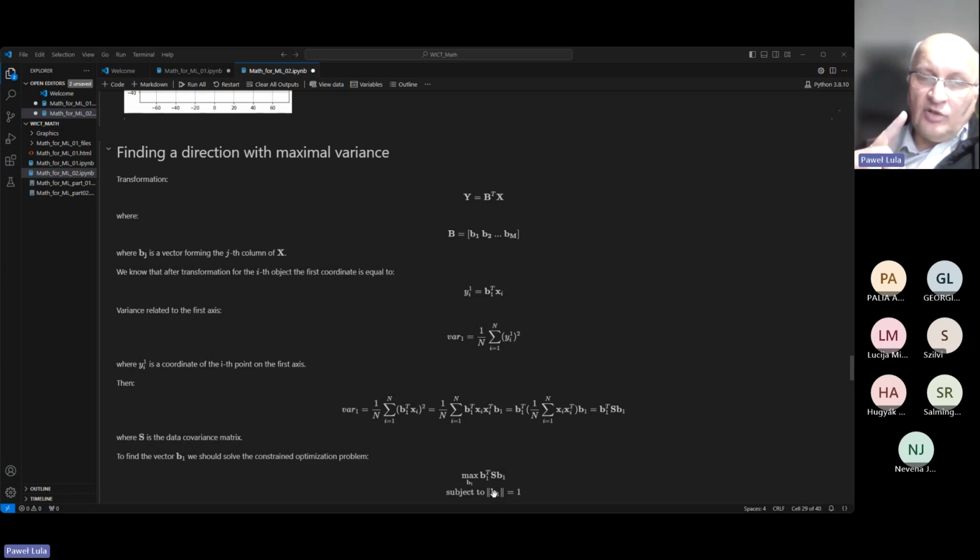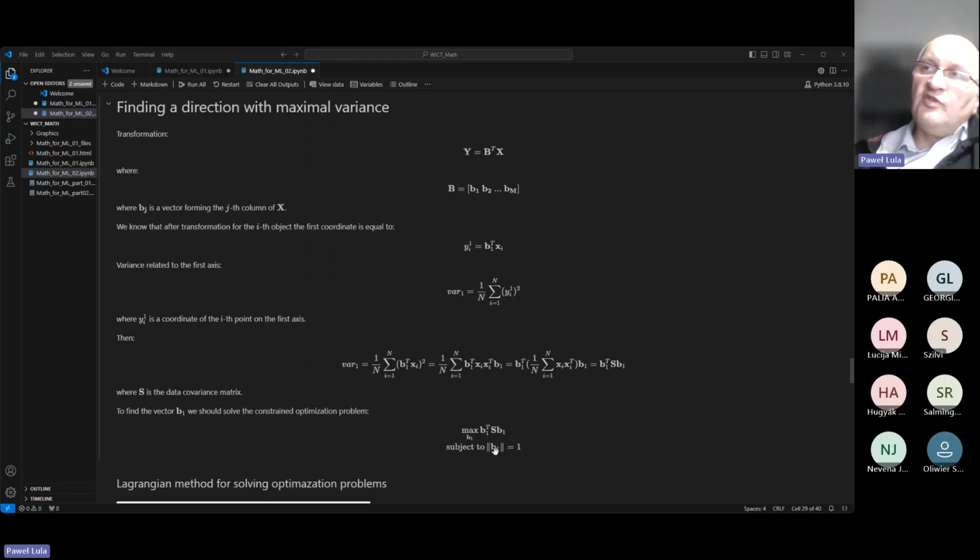And then I told you that orthonormal means that it is perpendicular and the length is equal to 1. And I want to have such vectors here. Therefore, I want to have the length of this vector equal to 1. So I'm going to solve this optimization problem.